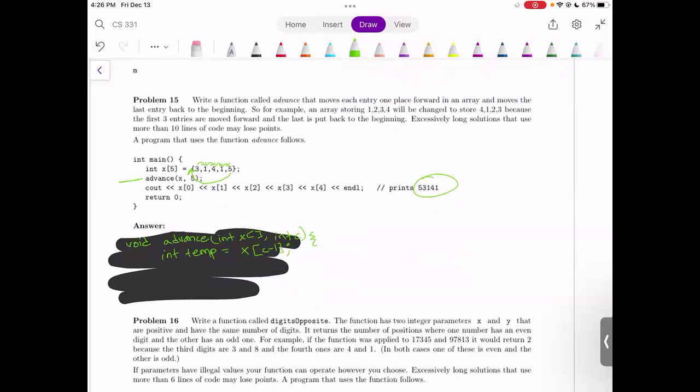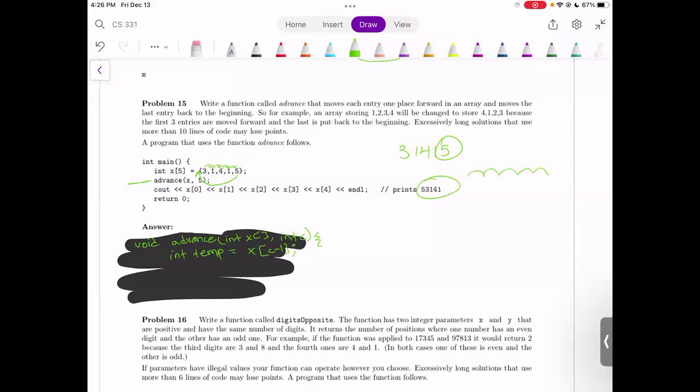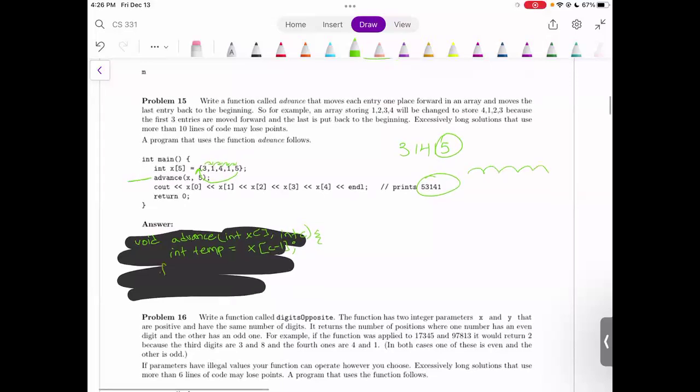Once we have that temporary variable, say we have 3, 1, 4, 1, 5. We stored the 5 somewhere. So now we can shift everything over. We can use a for loop for that. We should probably start this one at the end.